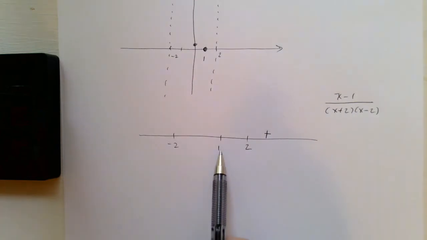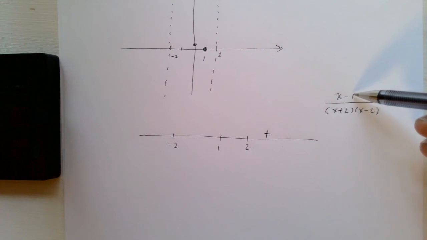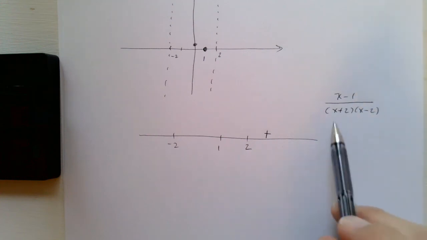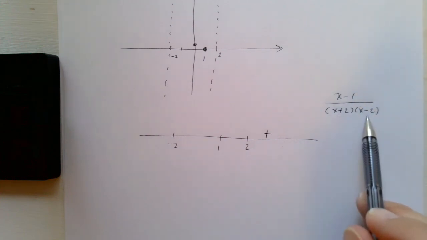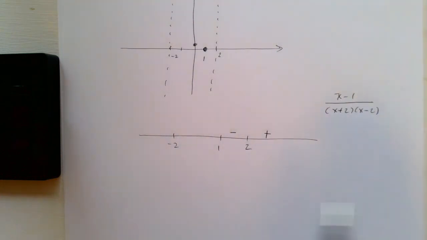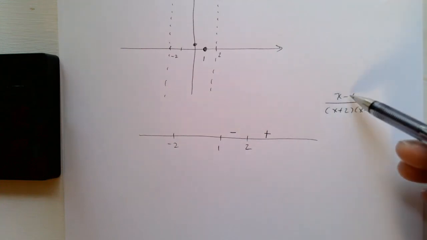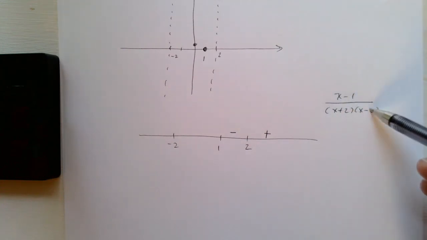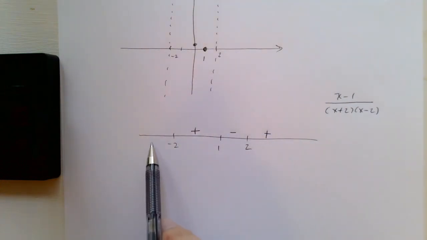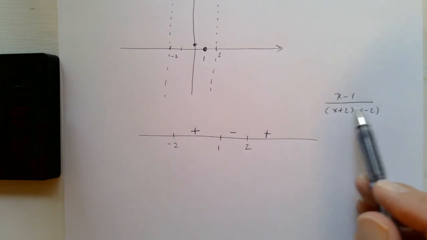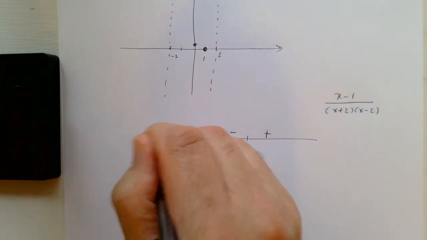When x is between 1 and 2, two factors are still positive, but x minus 2 will now be negative. Plug in 1.5 and you'll see that it's negative. When x is between negative 2 and 1, you can plug in 0 or do a sign analysis. You'll see that one factor is negative, one is positive, and one is negative, so this will be positive. And when x is less than negative 2, you can plug in negative 3, or just see that all three factors are negative, so this is negative.